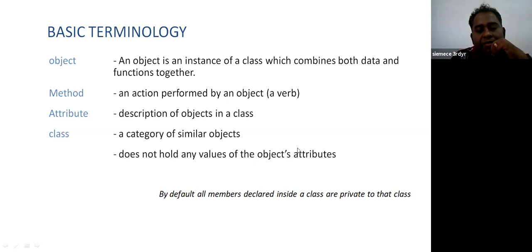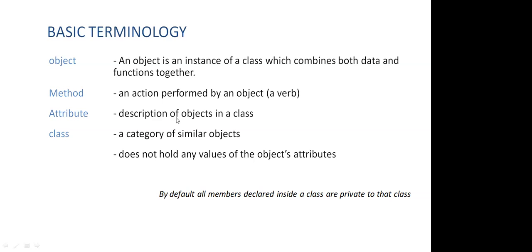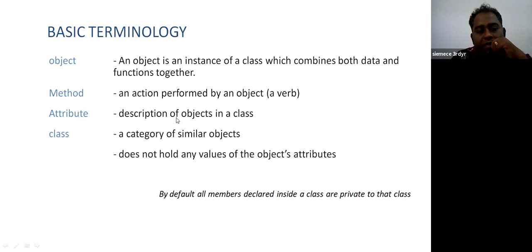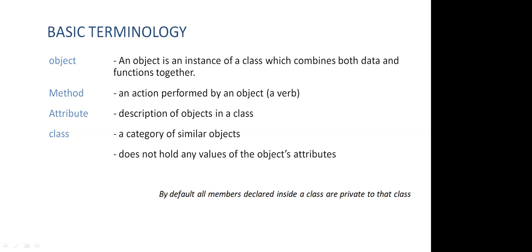Class is basically an abstract thing. When we create an instance of a class, that is known as an object. An object will store the data members, as well as perform some operations, that is known as the methods. Okay, so is this slide clear to you all? Yes, sir.